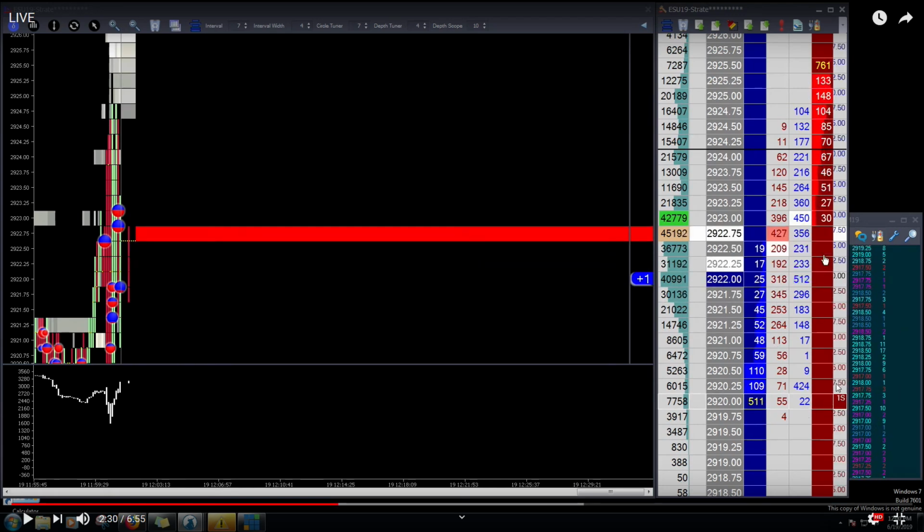Now notice this. See this red that came up? That's my emergency stop. It is 1, 2, 3, 4, 5, 6, 7, 8. It is 8 ticks below me. Now, I usually don't have stops on because if you've been watching my videos, I manage my trades, so I try to get out of my trades through trade management.